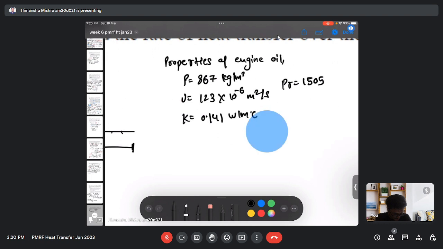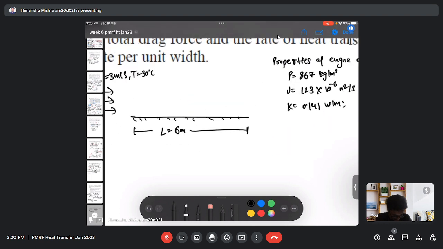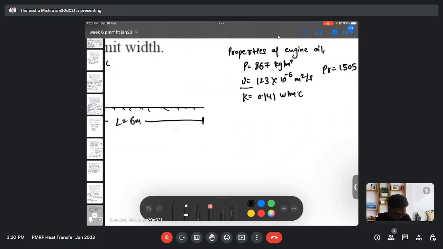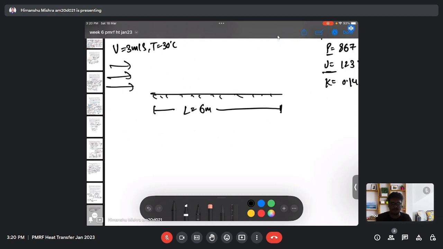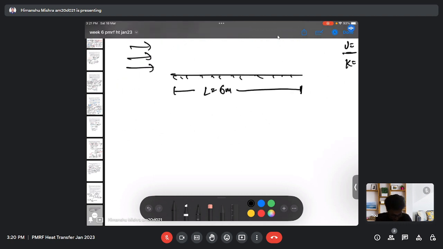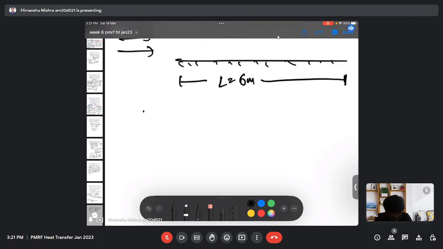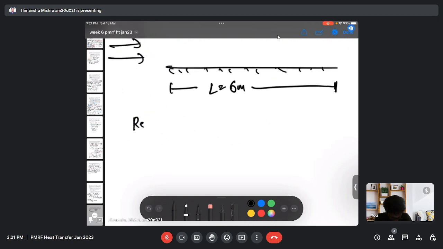So we are already given the velocity and the length of the plate and the properties such as the kinematic viscosity and the density. So we can just analyze whether the flow is in the laminar or turbulent regime. For that we need to find the Reynolds number of the flow.